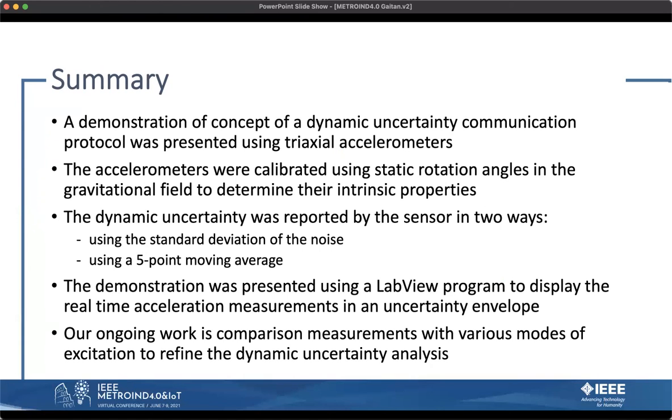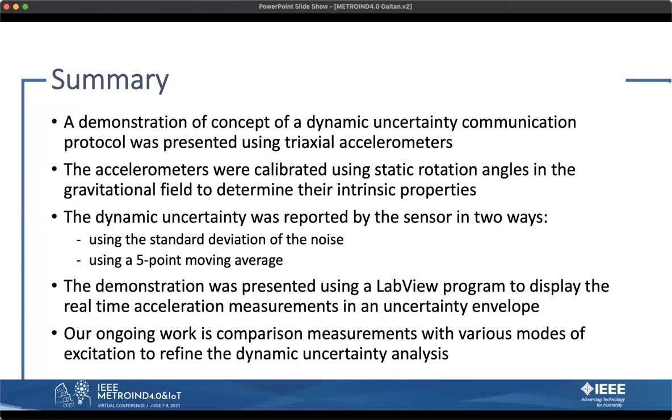And then we used a dynamic uncertainty that was reported by the sensor in two ways. One way is using the standard deviation of the noise when the sensor is sitting motionless, and the other way was using a 5-point moving average approach.